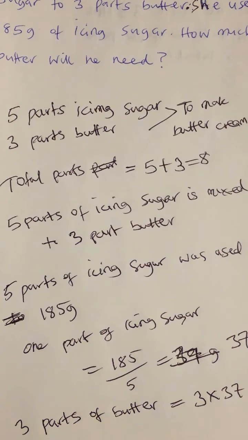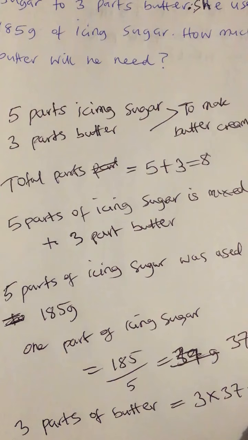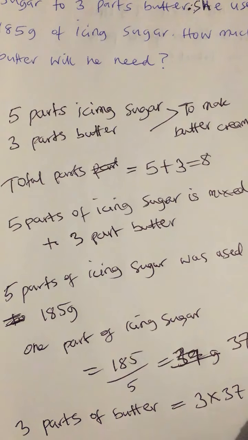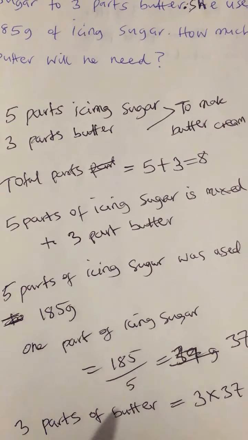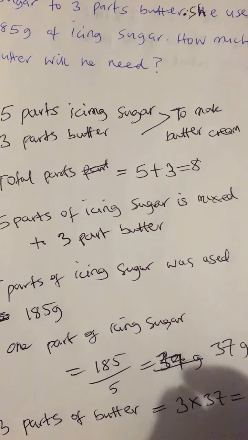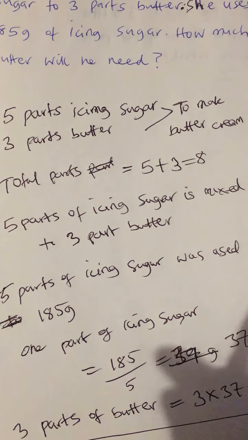So what we now need is 111 grams of butter to 185 grams of icing sugar to make the buttercream. So that is what we were asked to do.